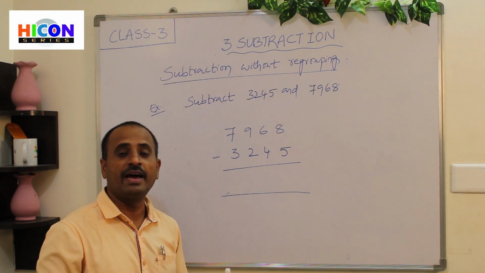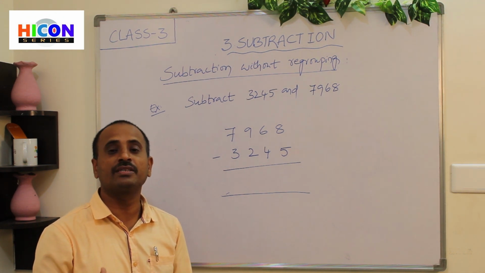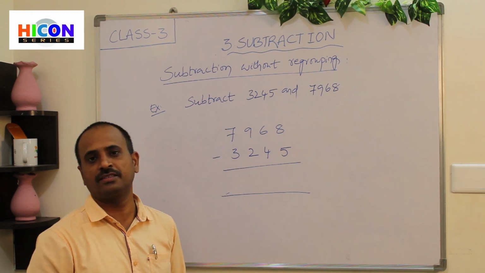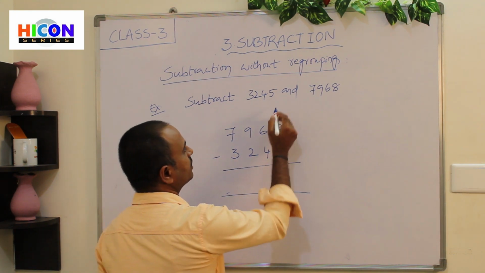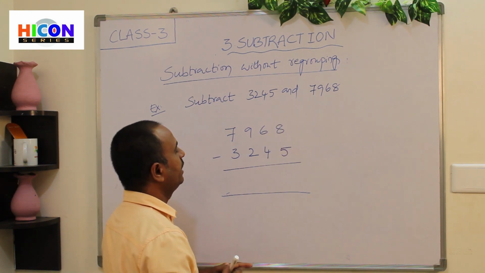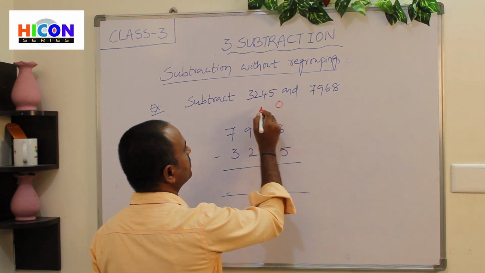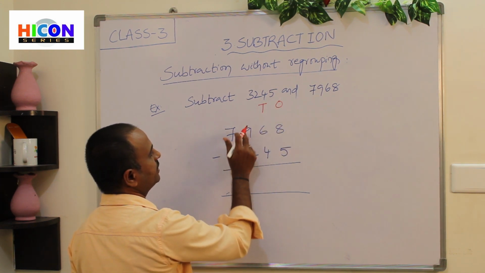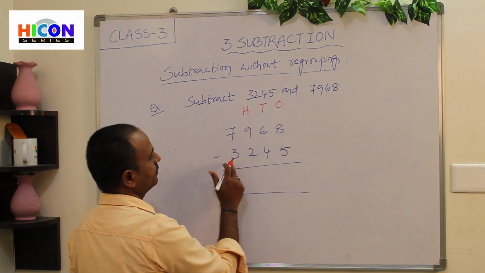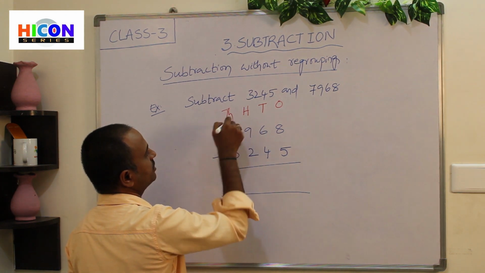And we have to arrange the digits of the numbers at their corresponding places. That means this is ones place, this is tens place, this is hundreds place and this is thousands place.